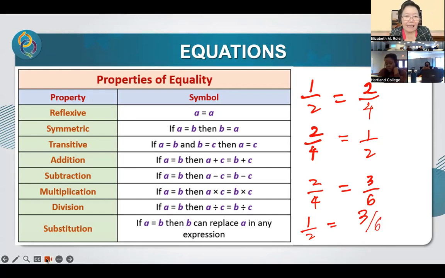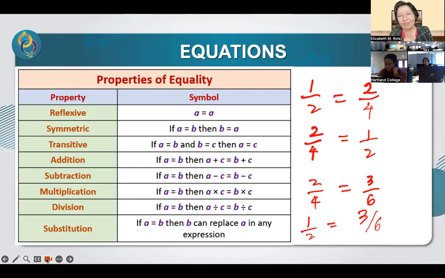Then there's another property which says if A is equal to B, you add a C to A and you add that same constant to B, then the equation will still be balanced. In other words, the only way that you are able to balance the equation by addition is to add to both sides the same constant.